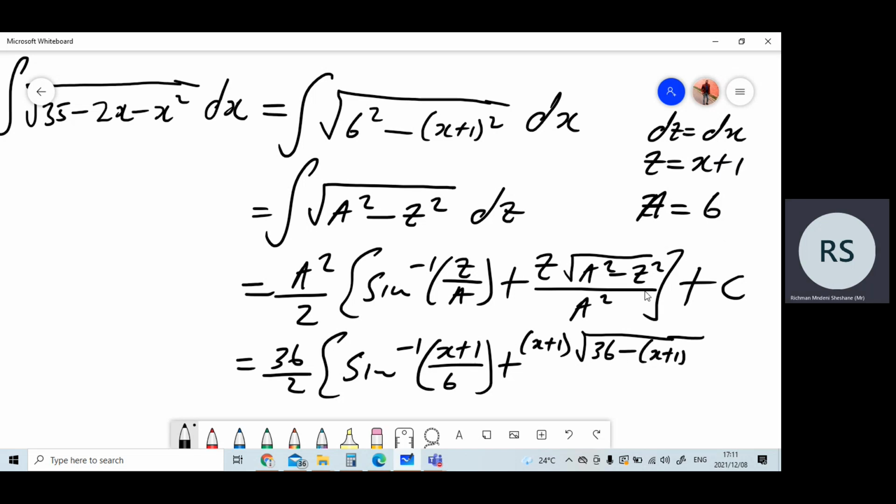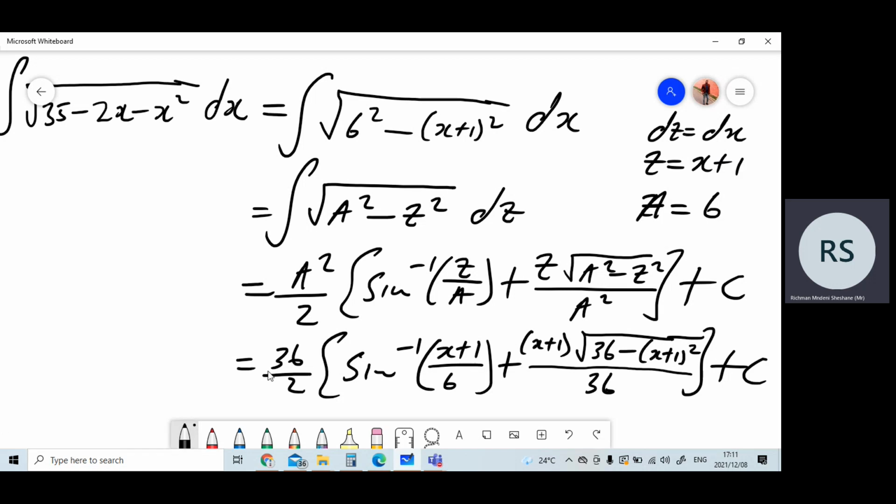Our z is x plus 1. We substitute here, all over a squared. A is 6, a squared is 36, okay? And then plus c. So this is our answer.